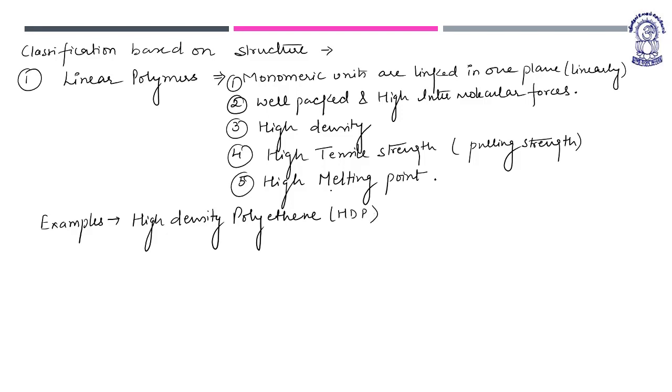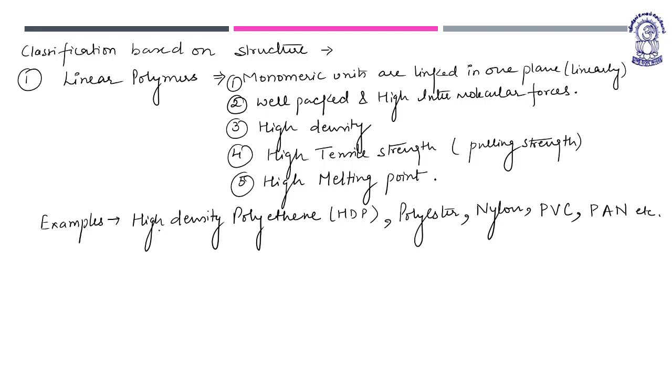polyester, nylon, PVC, polyacrylonitrile, PAN, etc. They are all linear polymers.